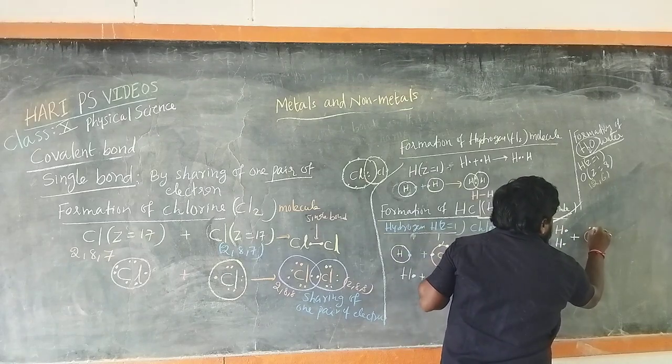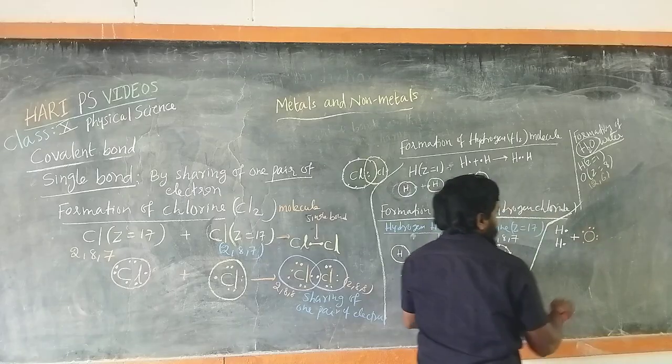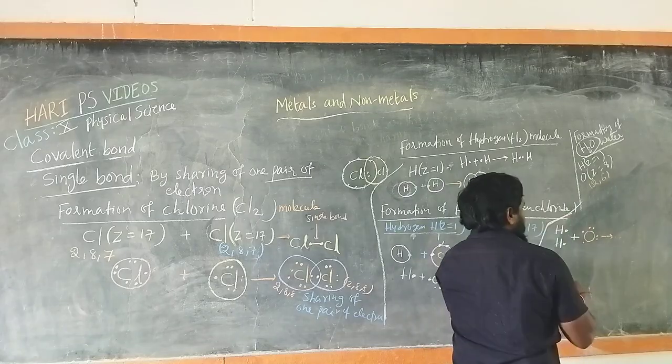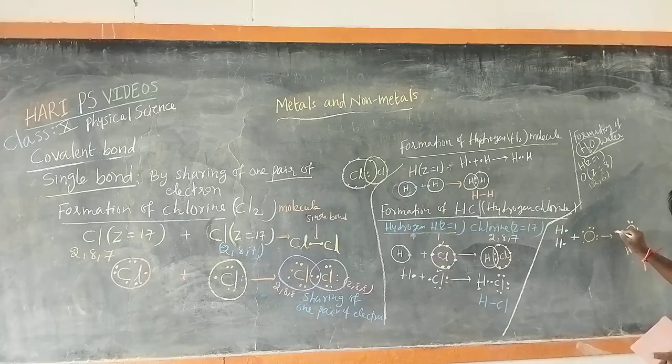Oxygen has 8 electrons. Then it forms bonds, 2 electrons and 2 electrons. So a bond forms between hydrogen and oxygen on each side, and the water molecule is formed.